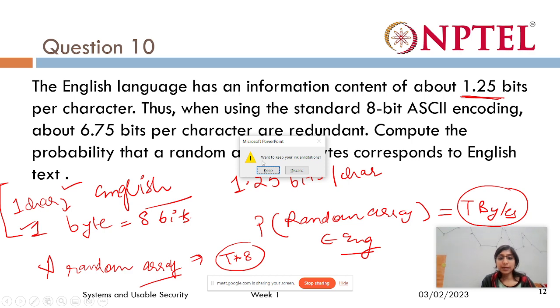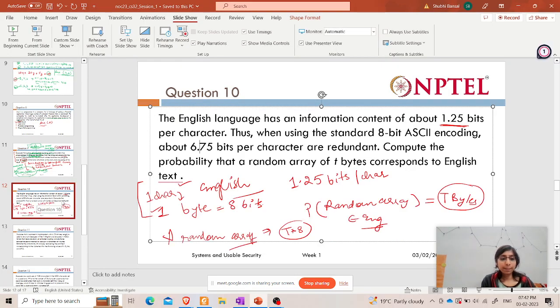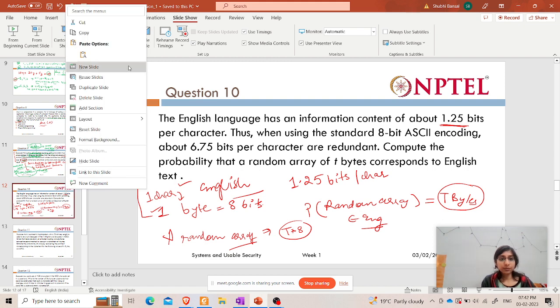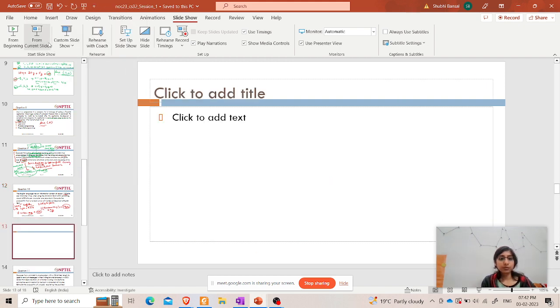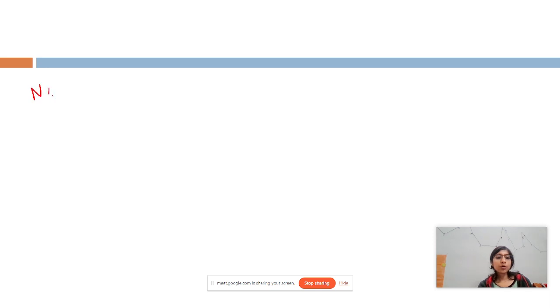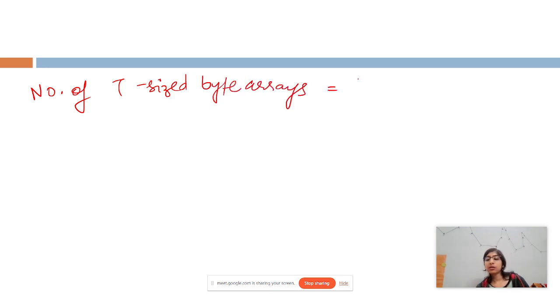Let me insert a slide. The number of T-sized byte arrays that I can have is how many? Let's say it's capital T and this is small t.